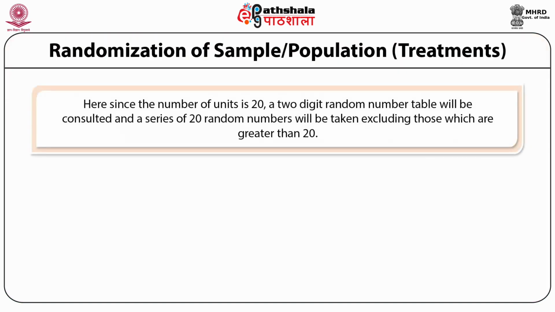Here, since the number of units is 20, a 2-digit random number table will be consulted and a series of 20 random numbers will be taken, excluding those which are greater than 20. Suppose the random numbers 4, 18, 2, 14, 3, 7, 13 and like that up to 19.